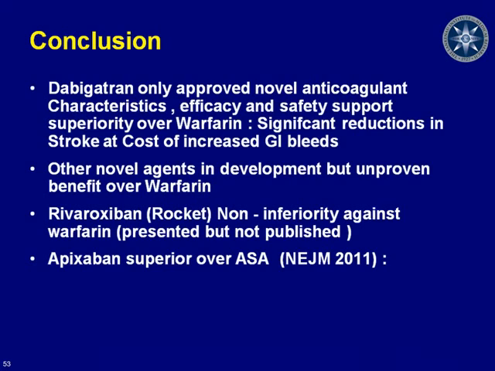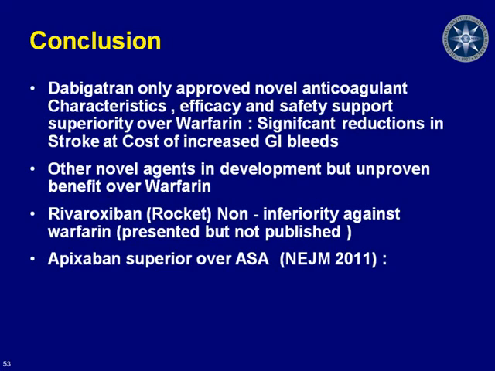Its characteristics relate to its improved efficacy for the 150 dose and safety, and a significant reduction in stroke, both thrombotic stroke as well as intracranial bleed, but there is an increase in GI bleed, approximately 6 major GI bleeds per 1,000 patients treated per year. That is the estimate. The other novel agents are in development but are not approved.